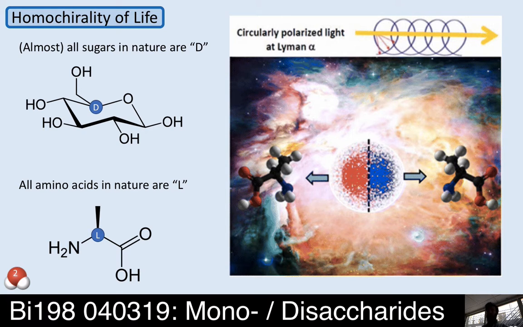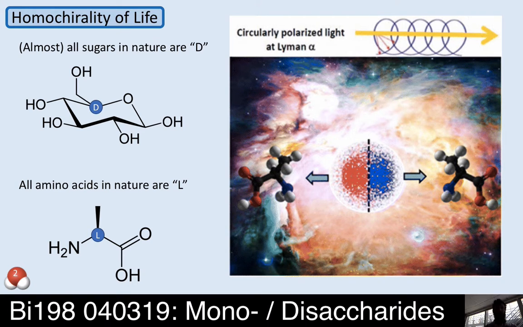People have pondered this a lot, the kind of people that think about where life came from and how all the amino acids and sugars started on Earth. One of the most compelling arguments is that there is some background radiation in the universe. This is some pretty far out stuff. There's background radiation out in outer space that is circularly polarized light that has a particular handedness. And they say that it's related to the twist in the universe when the Big Bang happened.